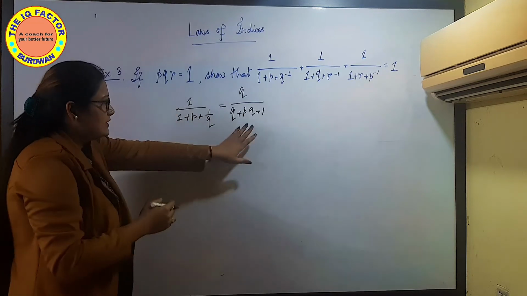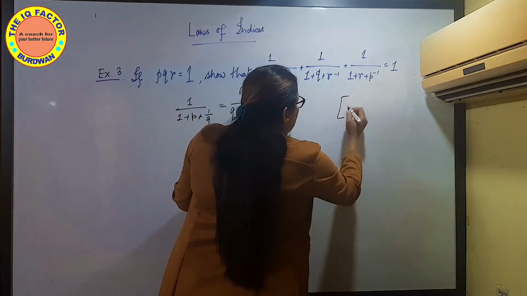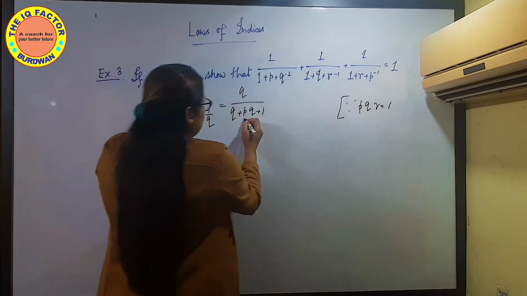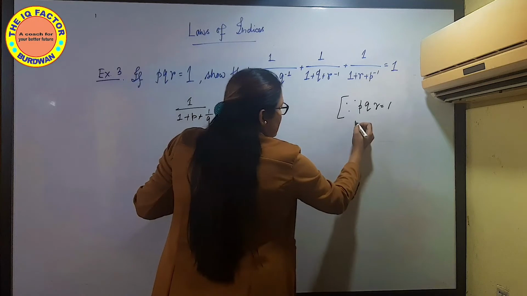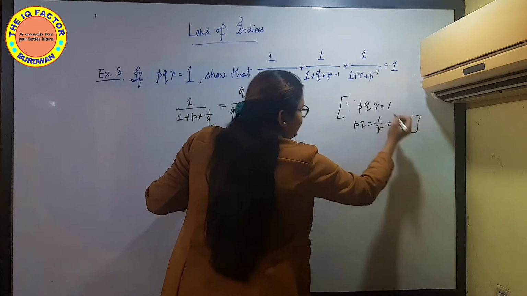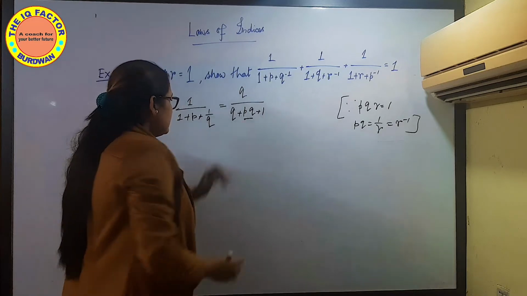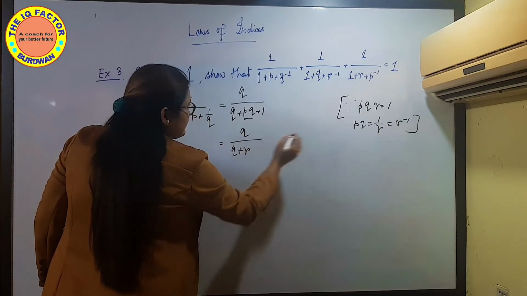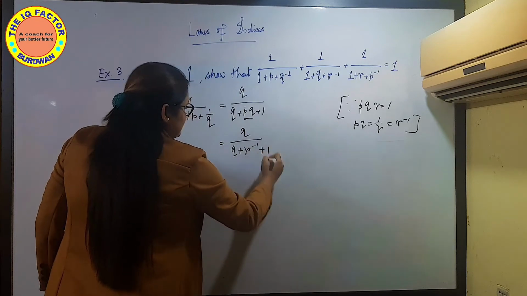Now, what is the condition here? It is given PQR is 1. So PQ is 1 by R, that is R inverse. So we will put Q plus PQ is R inverse plus 1.